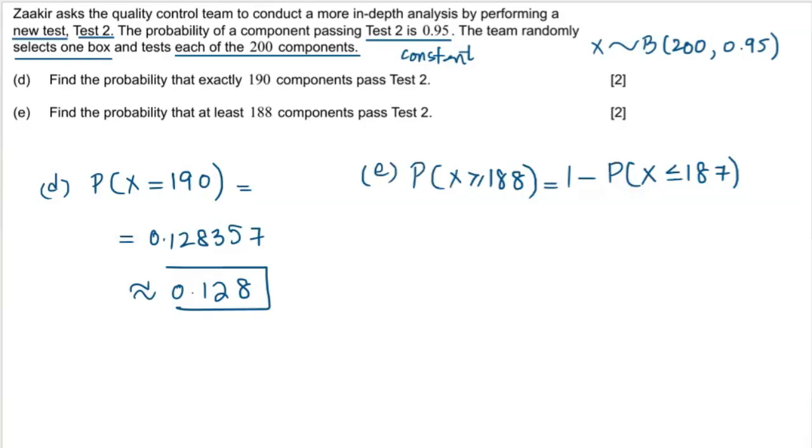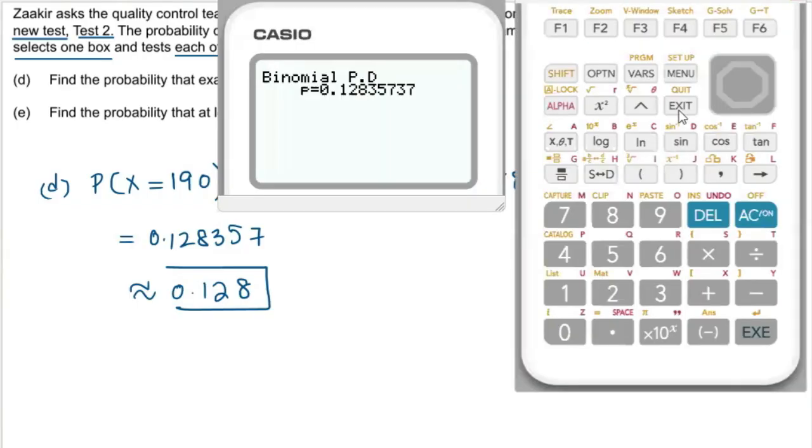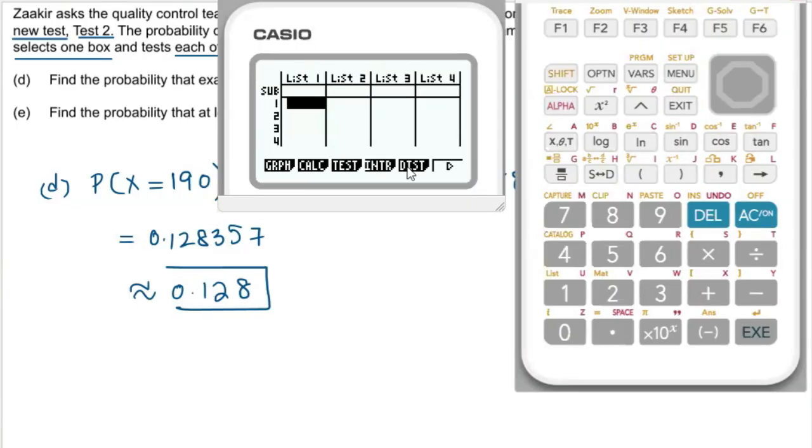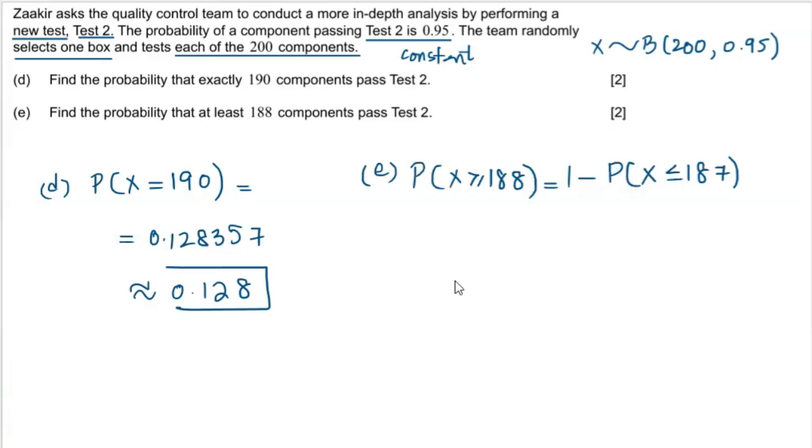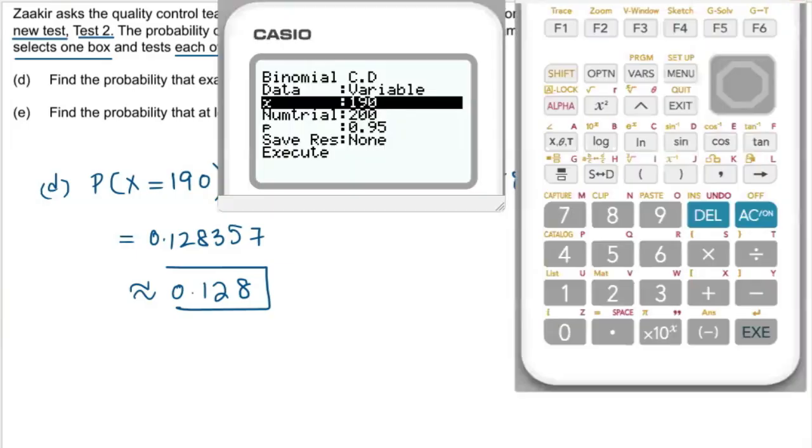So let's use binomial distribution again, but this time we need to get into the CD. I put 187 in X. The components are still 200, and the probability of success is constant, 0.95.